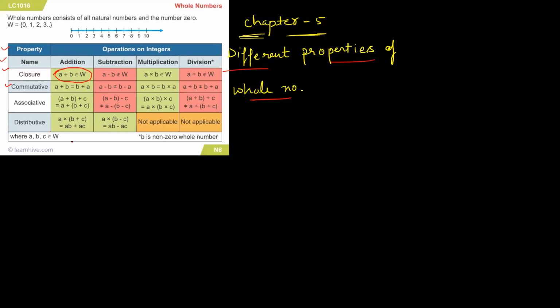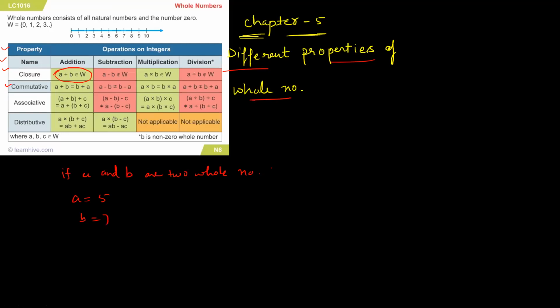Closure property for addition says that if A and B are two whole numbers, for example, A is equal to 5 and B is equal to 7, both are whole numbers, then this property says A plus B will also be a whole number.